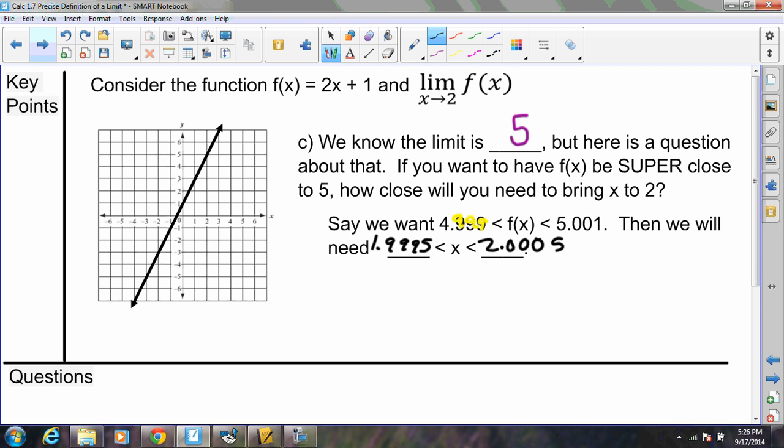The important thing to notice, though, is this right here. There is a relationship with the f of x. I'm taking f of x, the 5, that was our limit value. We're taking the 5 and adding some small value and subtracting some small value.